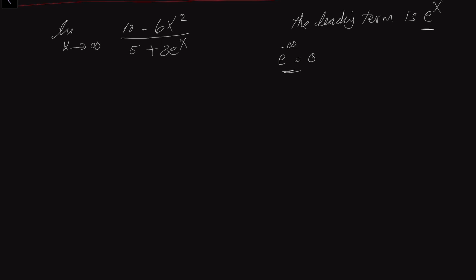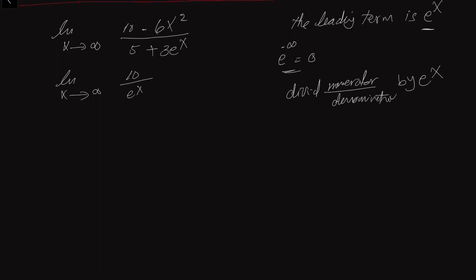The first step is to divide the numerator and the denominator by e^x. So the limit as x approaches infinity of 10/e^x minus 6x^2/e^x over 5/e^x plus 3e^x/e^x.